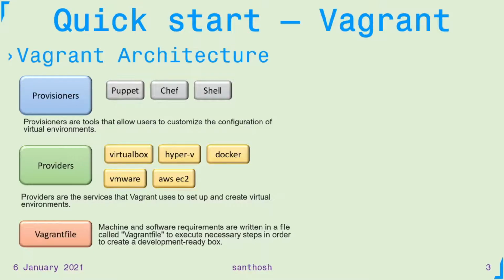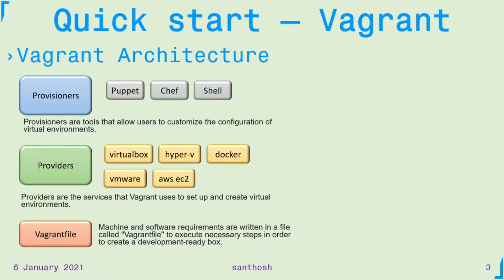The providers are the backends of Vagrant, meaning Vagrant in itself is a wrapper of these backends, for example VirtualBox or VMware or Hyper-V and so on.